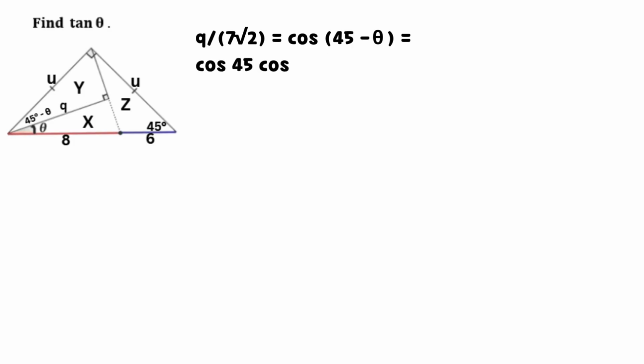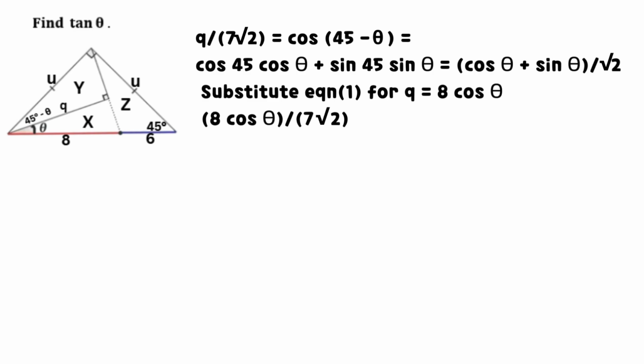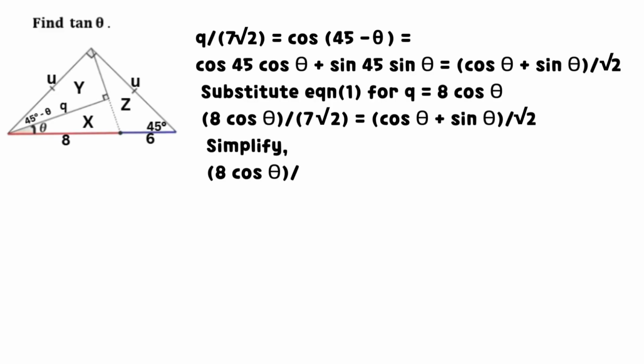Substitute equation 1, Q equals 8 times cosine theta. We have that 8 times cosine theta divided by 7 times the square root of 2 equals the sum of cosine theta and sine theta, all divided by the square root of 2. Simplify, that is, 8 times cosine theta divided by 7 equals the sum of cosine theta and sine theta.